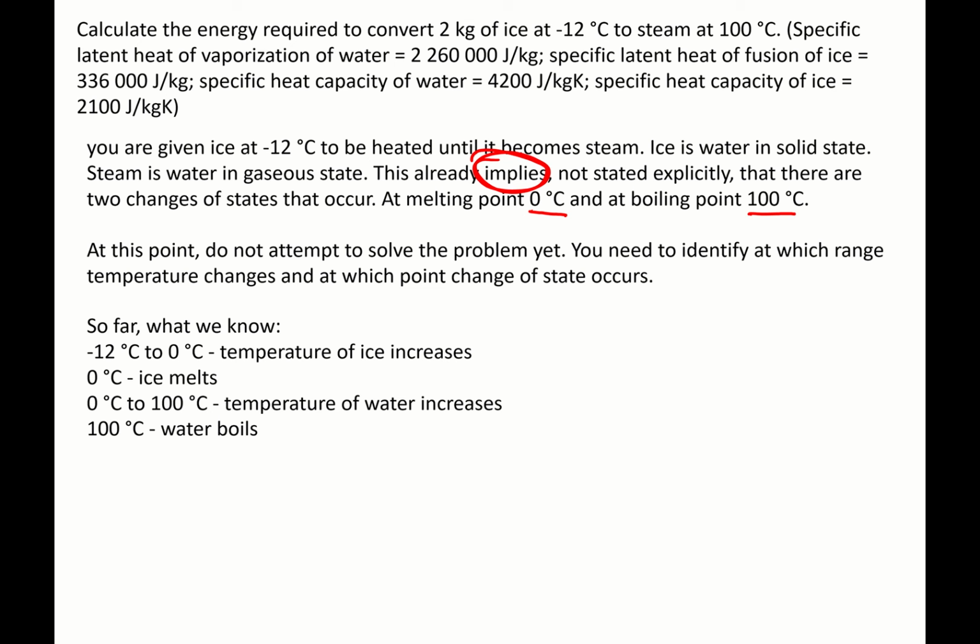From minus 12 degrees Celsius to 0 degrees Celsius, the temperature of the ice increases. And then at 0 degrees Celsius, ice melts. Change of state. And from 0 to 100 degrees Celsius, temperature of water increases. And at 100 degrees Celsius, water boils. Change of state. So that's what we know so far.